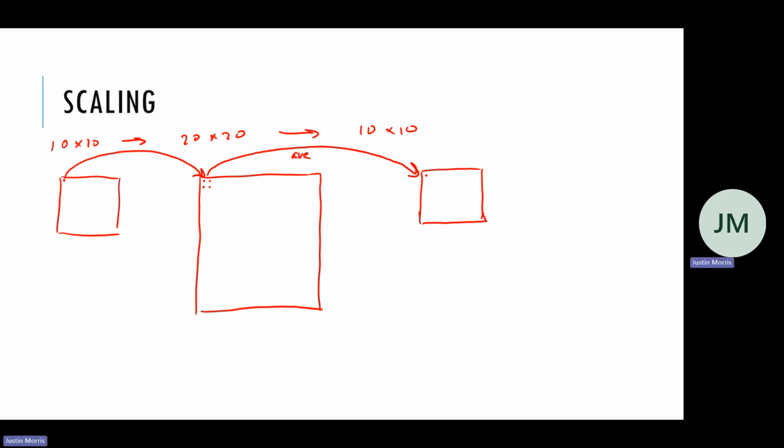And remember, you have to do it for R, G, and B separately. Otherwise, if you do them all together, then you're going to end up with a grayscale image at the end, right? The average of the 4 R values together gives you your R value here. The 4 G values together gives you your G value here. 4 B values gives you your B value here. Make sense?